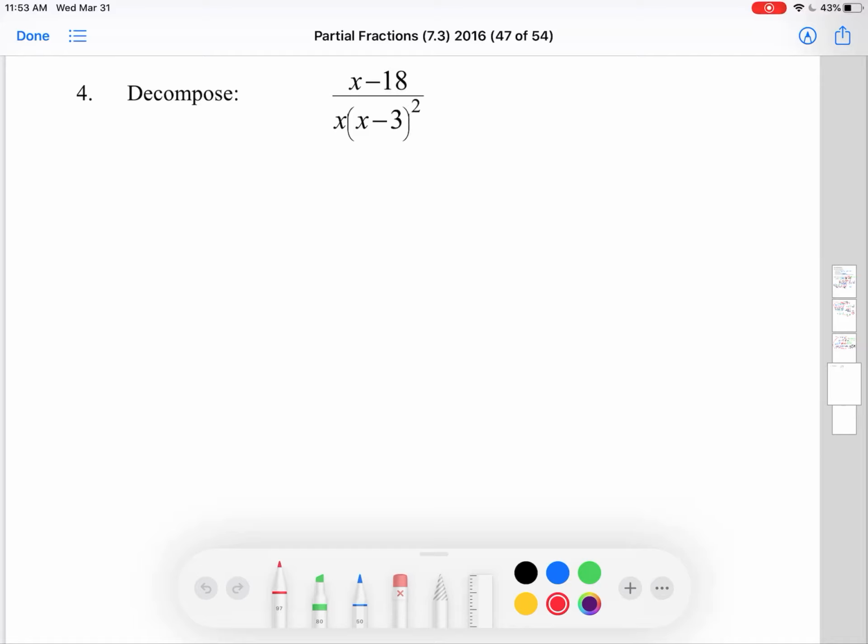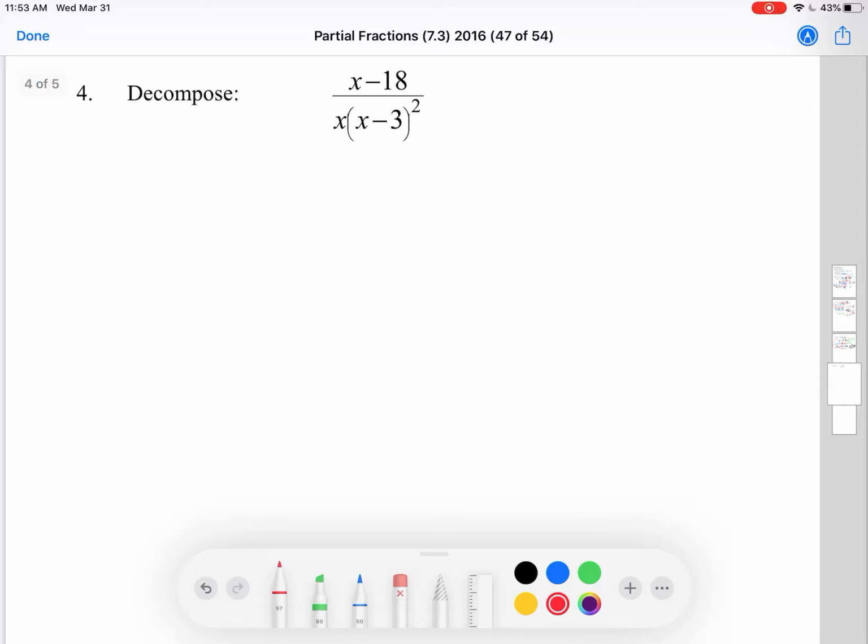All right. So for this one, our denominator is factored. Okay, we have an x in the denominator and an x minus 3 squared. All right, that squared is going to actually play a new role for us.